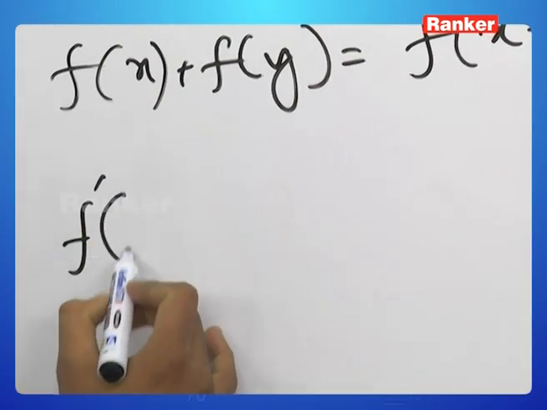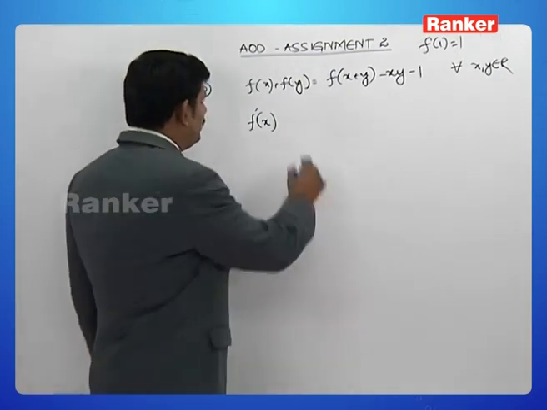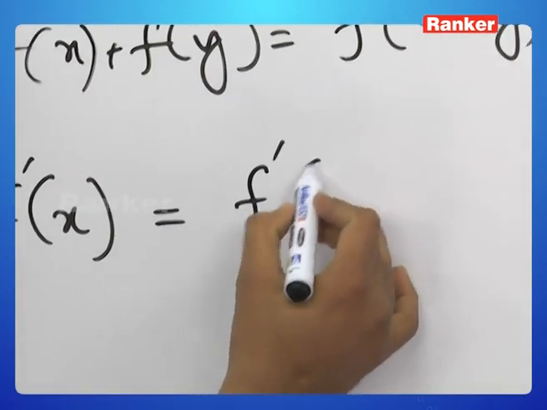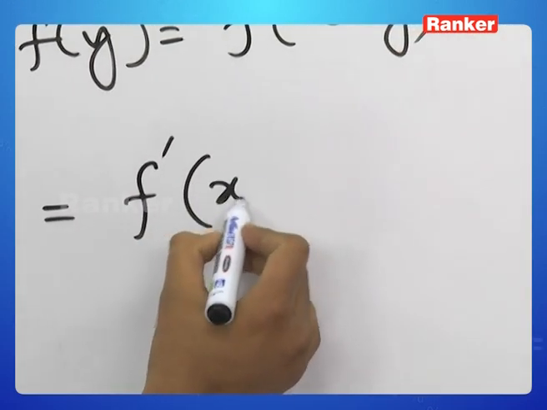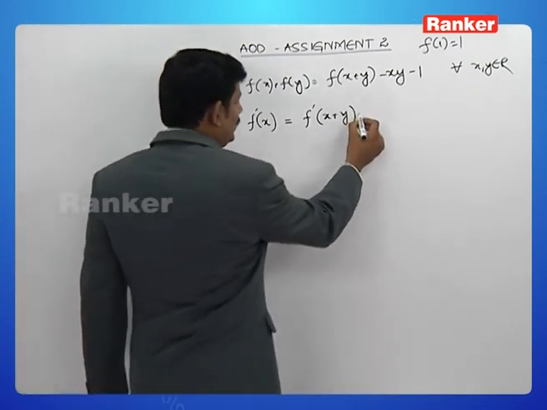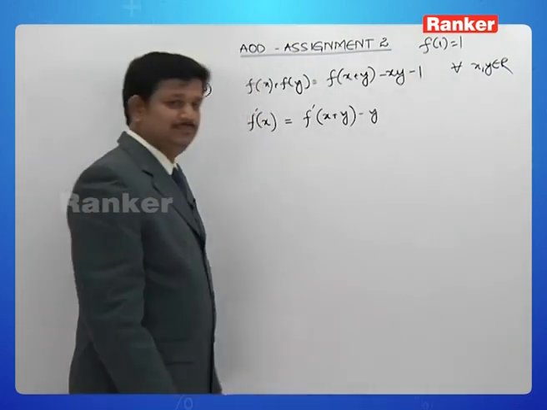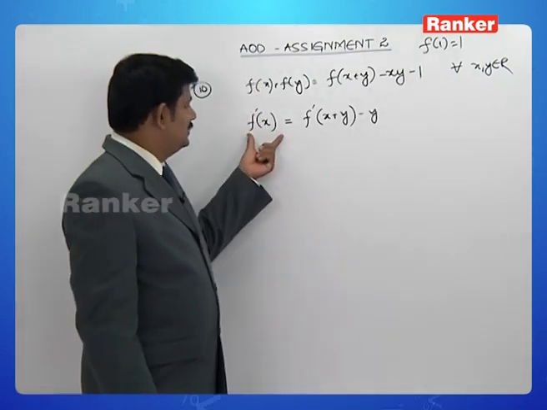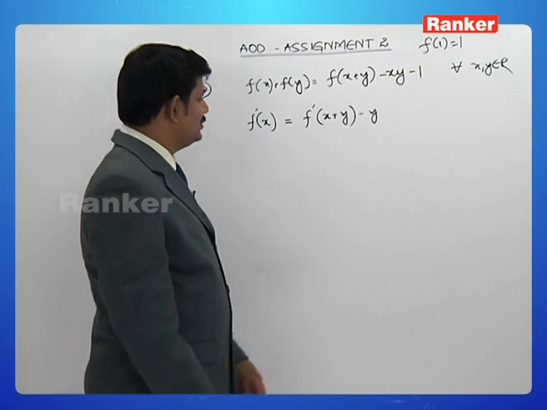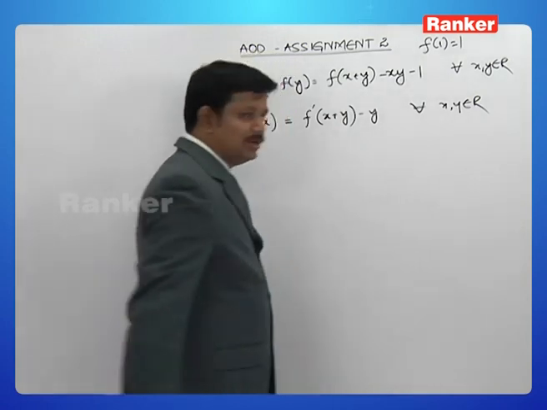Derivative of f of x is f dash of x, plus f of y is a constant, so its derivative is 0, equal to derivative of f of x plus y, which is f dash of x plus y, minus derivative of xy, which is minus y, and derivative of 1 is 0. So, we have f dash of x is equal to f dash of x plus y minus y for all x, y belonging to R.